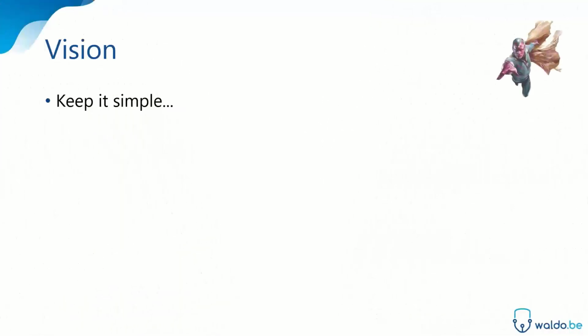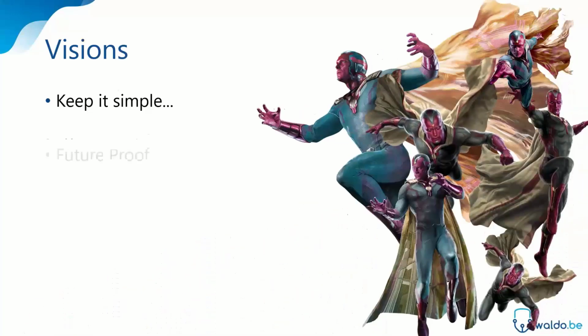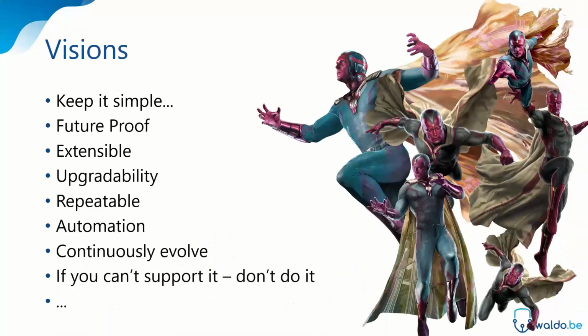Okay, let's take a peek behind the curtains and focus on, let's say, the developers, obviously. Now, we try to keep it as simple as at all possible. You could say that that is our vision for our development process, our development methodology. Now, obviously, we have more than just one vision. We have visions.